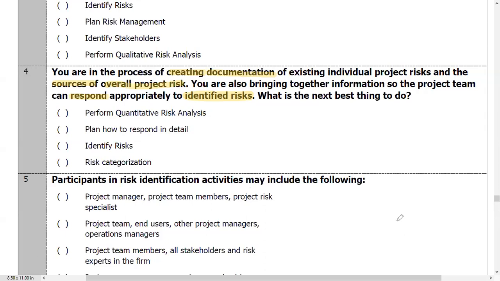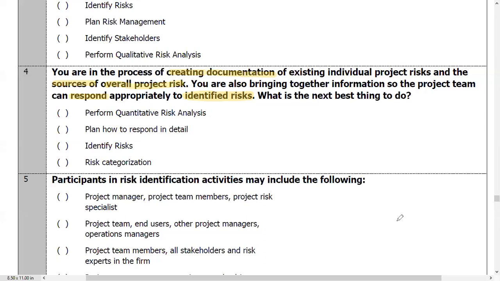I know to some people it may come as a surprise, but if you go to 11.2 in the PMBOK guide and you read 11.2, which is on page 409, really well, what you'll discover is that this is talking about identify risks. Okay? So, knowing that this is talking about identify risks, we can extrapolate what the next best thing is by knowing what these descriptions are talking about.